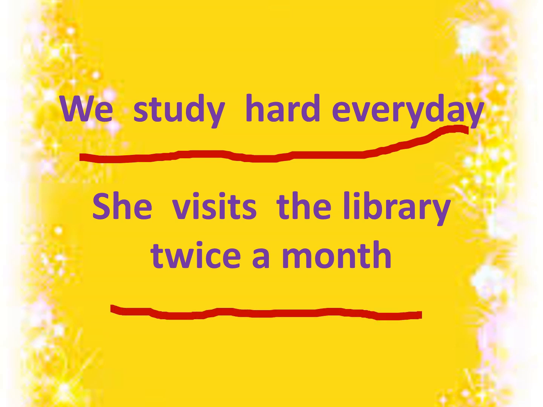She visits the library twice a month. You can look at this sample. Because the subject is she, don't forget to use s for the verb. So it becomes she visits the library and it happens twice a month.